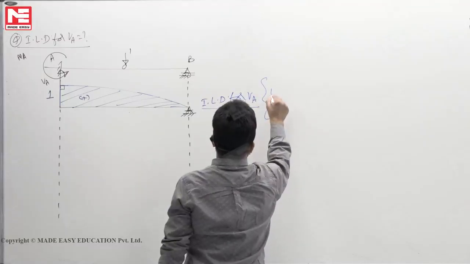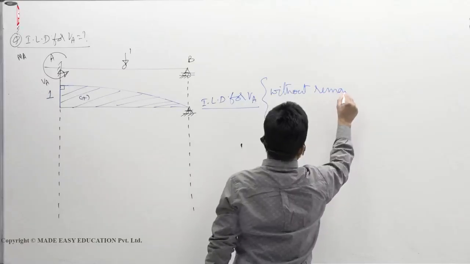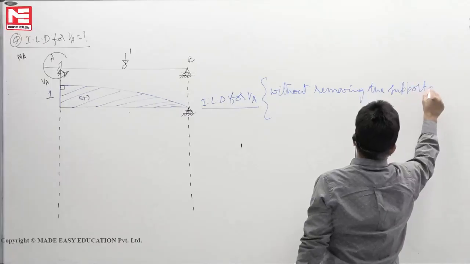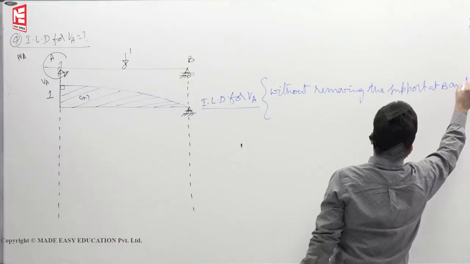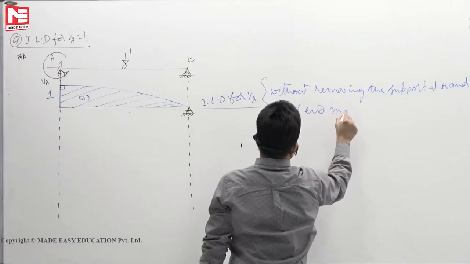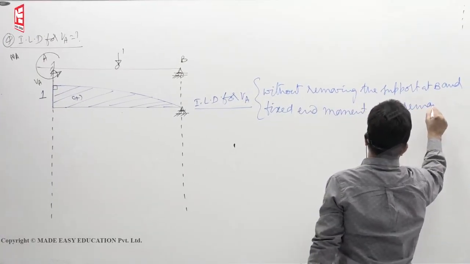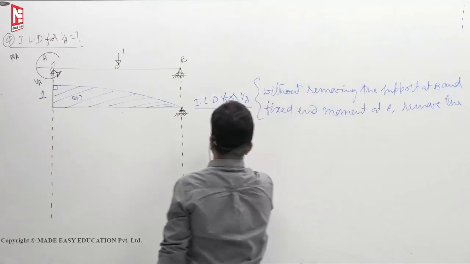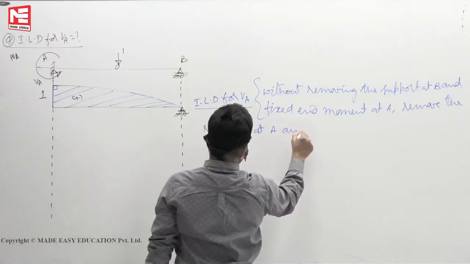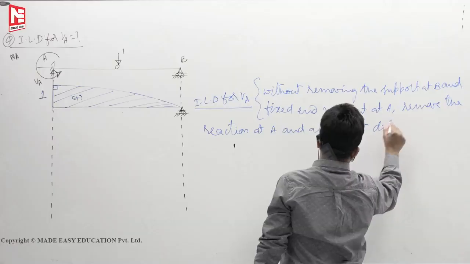How have we plotted it? Without removing the support at B and the fixed end moment at A, remove the reaction at A and apply unit displacement.